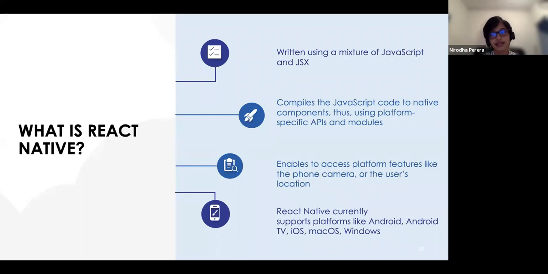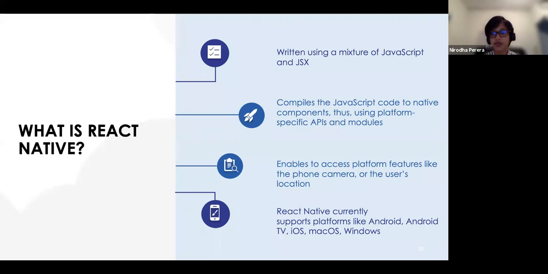When it comes to React Native implementation, we use a mixture of JavaScript and JSX. JSX is an XML and HTML-like syntax provided by React, and we use this to develop components. React Native compiles JavaScript code into native components, which is why we are able to access APIs and native modules.